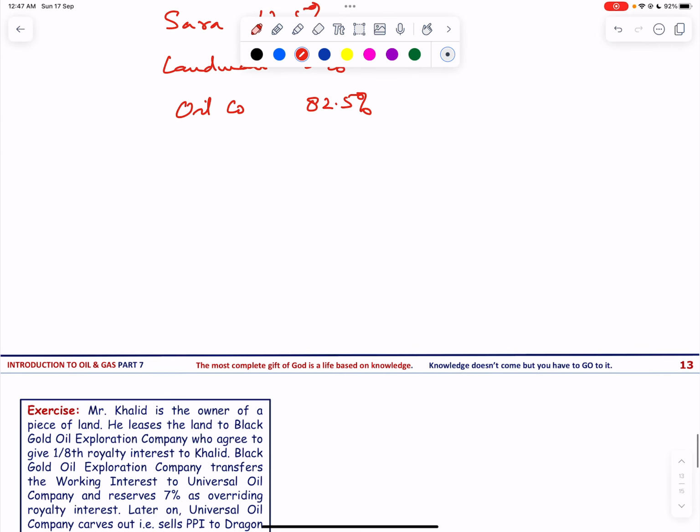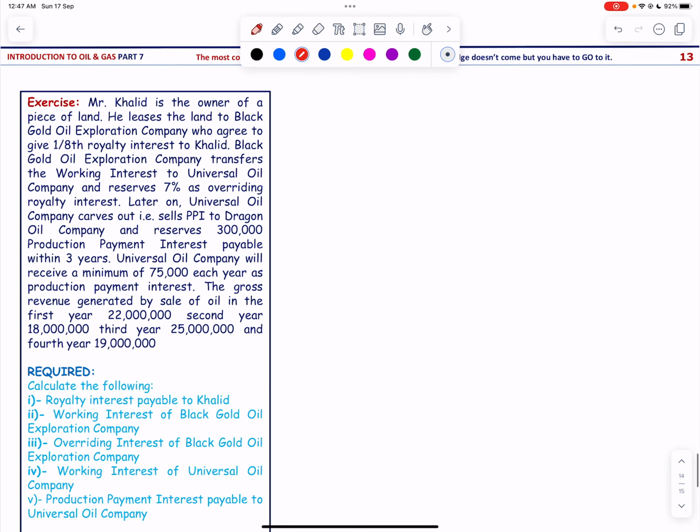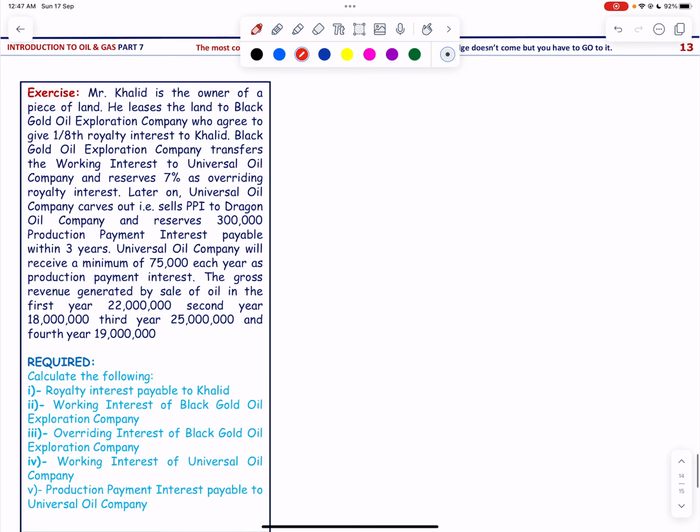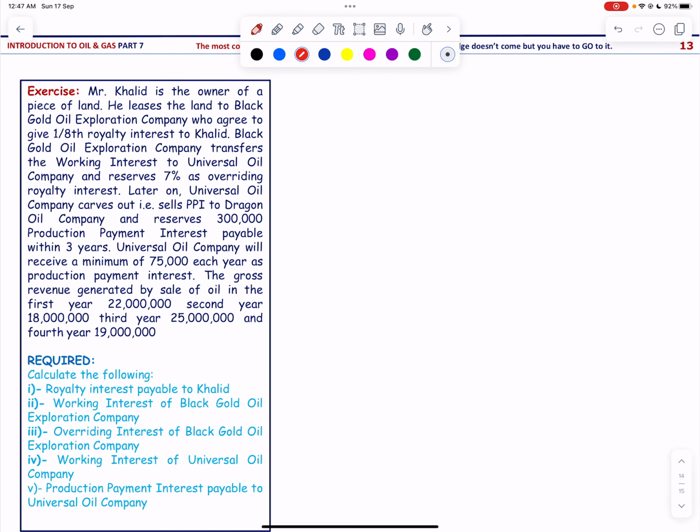Next, let us solve one more exercise. Mr. Khalid is the owner of a piece of land. He leases the land to Black Gold Oil Exploration Company, who agreed to give 1/8 royalty interest to Khalid.